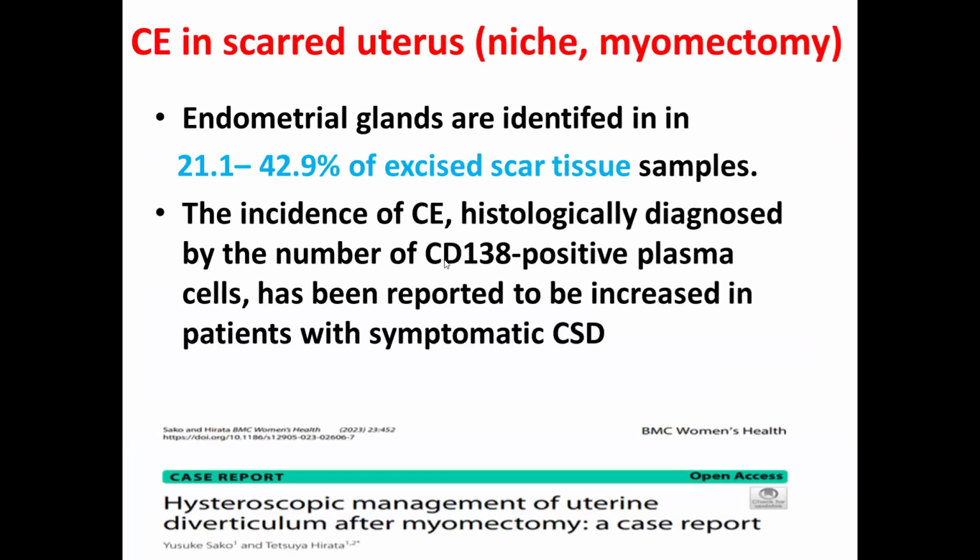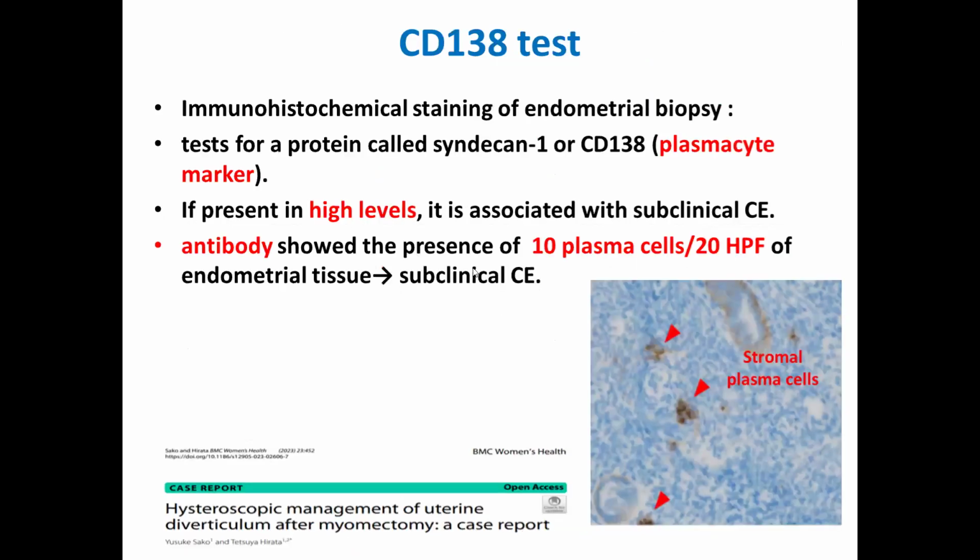And it has been found in one study, where they took biopsies from the uterine niche, that more than 20 to 40% of cases of the excised tissue of the uterine niche contain a chronic endometritis picture by staining of the plasma cells and seeing the antibody CD138, which is a plasmacyte marker.